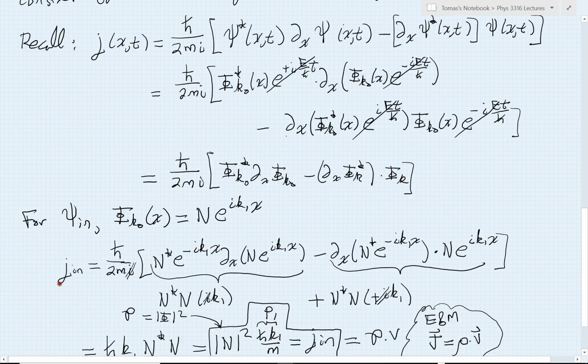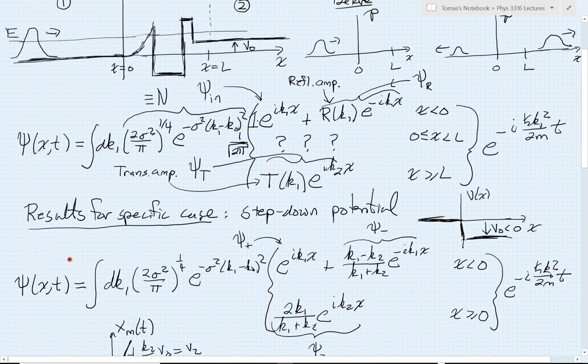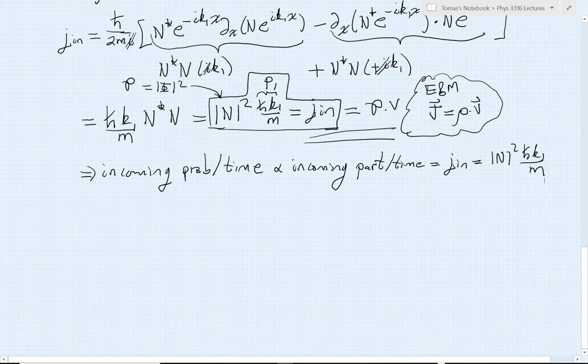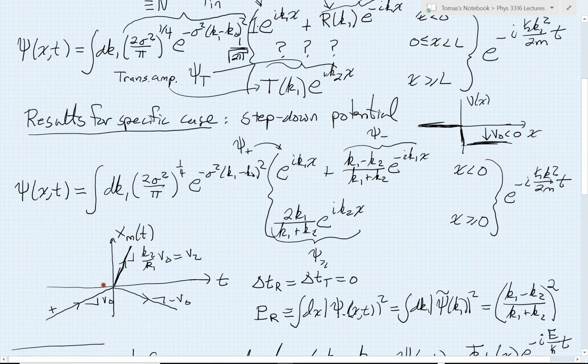Now, that's the incoming current density. Our job now is to look at the current densities in the reflected and transmitted pieces, and we can use this to actually calculate things like the probability of reflection and the probability of transmission. So let's begin by looking at the reflection. For the reflection, the time-independent solution to the Schrödinger equation, this phi k of x, is a little bit different.